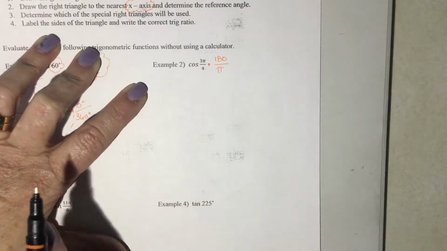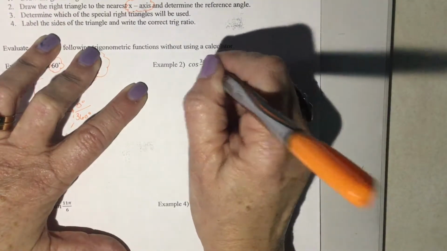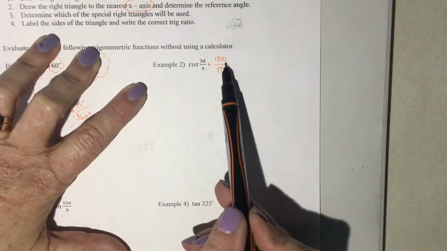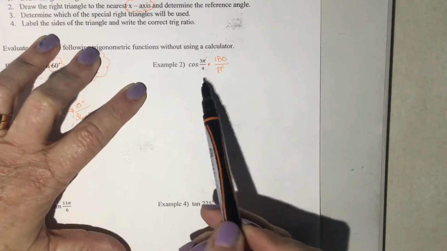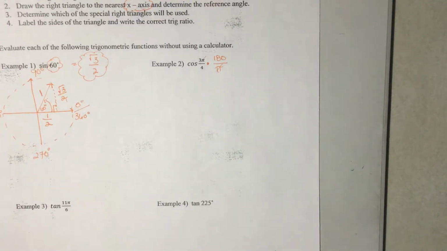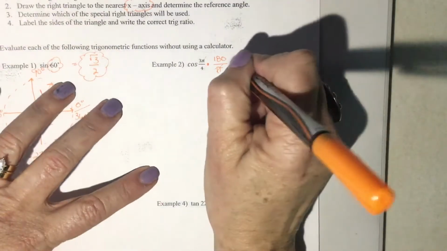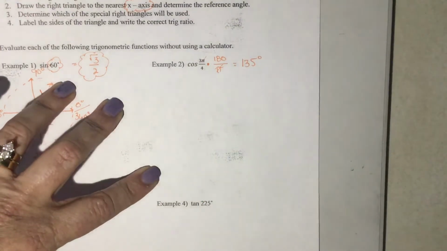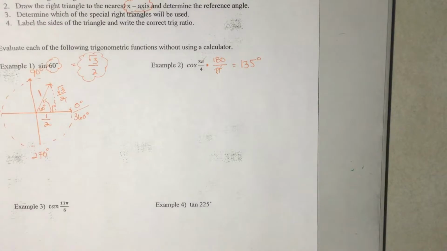That's taking me from radians to degrees. My pi's cancel. Feel free to grab a calculator. Take 3 times 180, divide it by 4, and you should get 135 degrees.